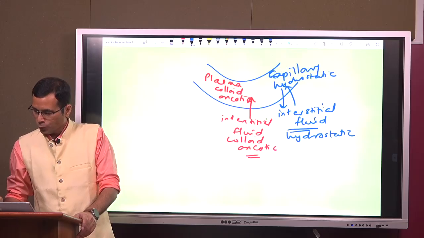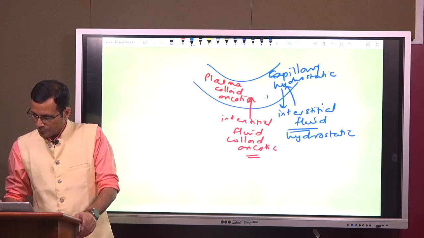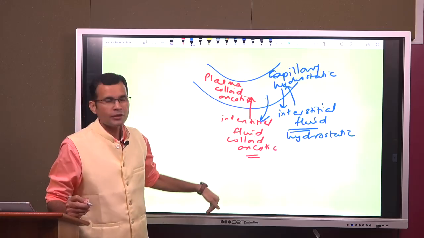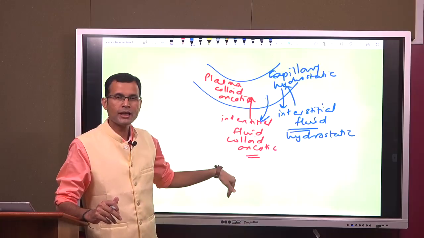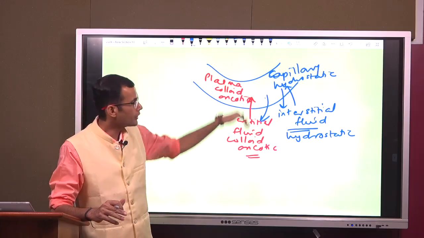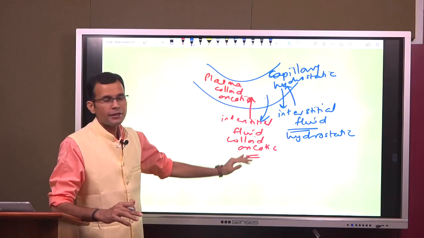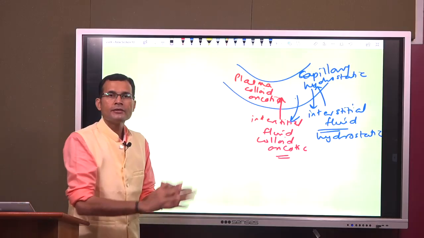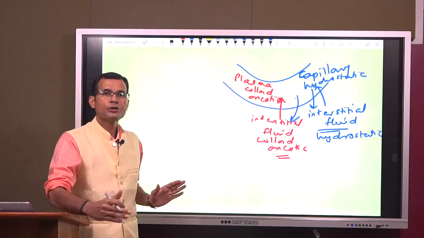This force will pull the water towards it by osmosis, meaning out of the capillaries, so it will help in the filtration. This will be an additive factor for filtration. So that was the case in all other tissues.